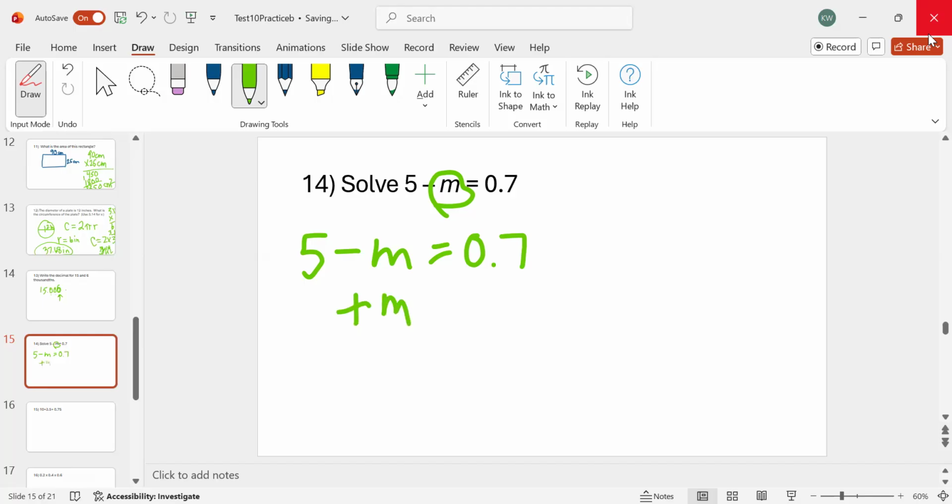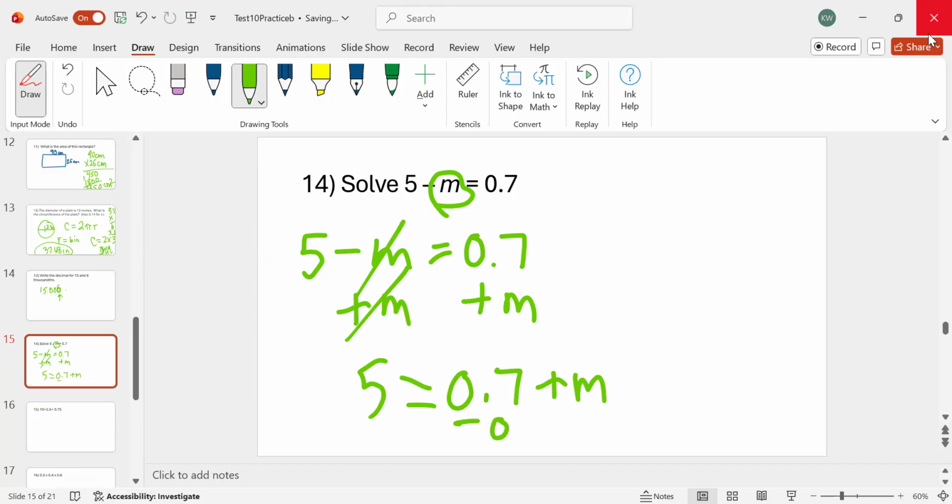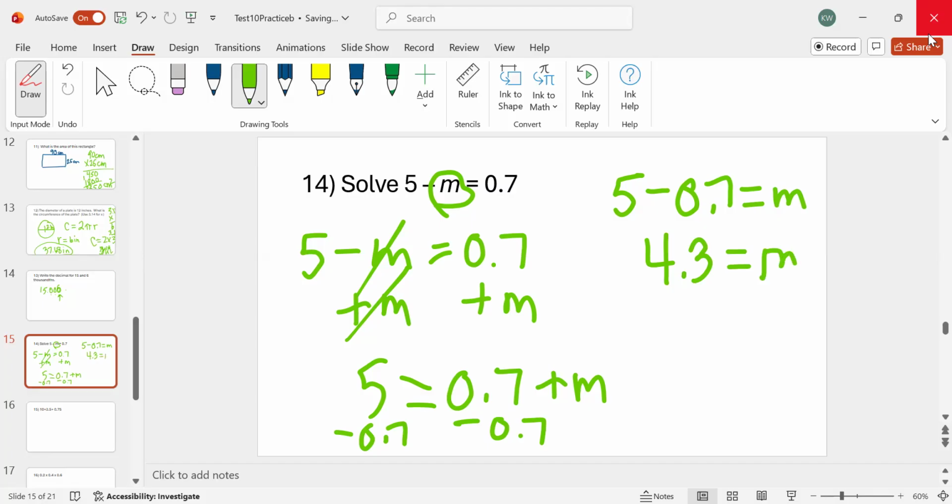So if we add m, now we have 5, because those two will cancel out, equals 0.7 plus m. So let's subtract 0.7 from both sides. So now we have 5 minus 0.7 equals m. So that's going to be 4.3 equals m.